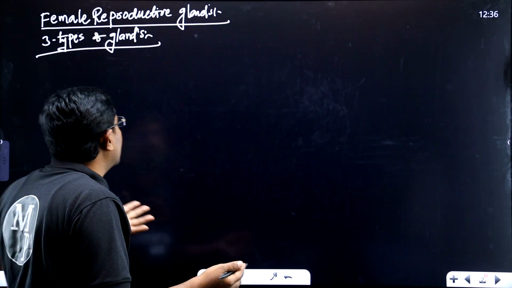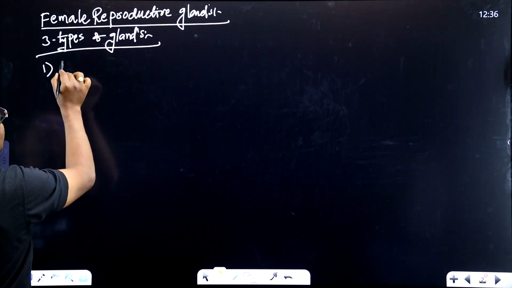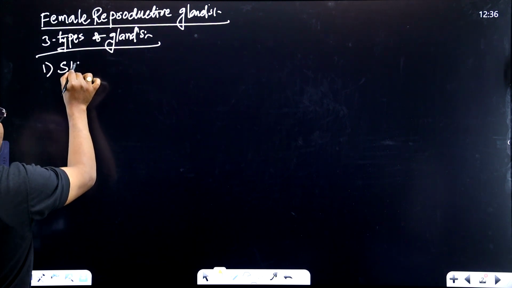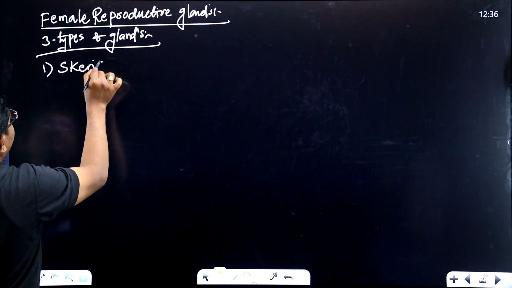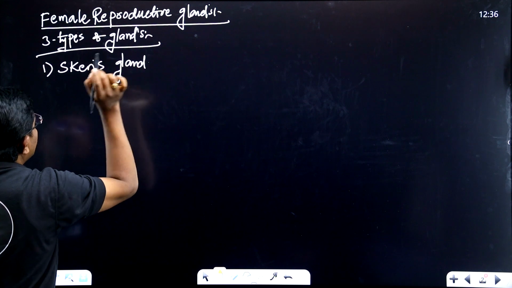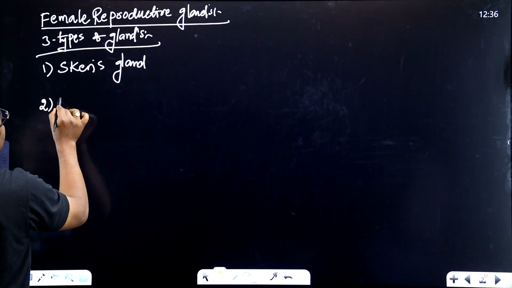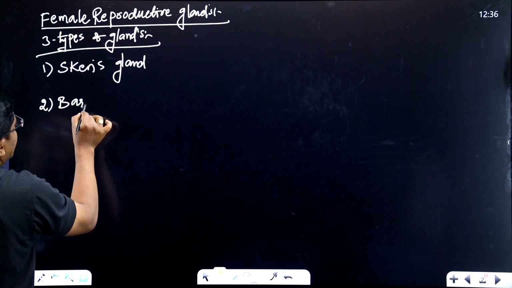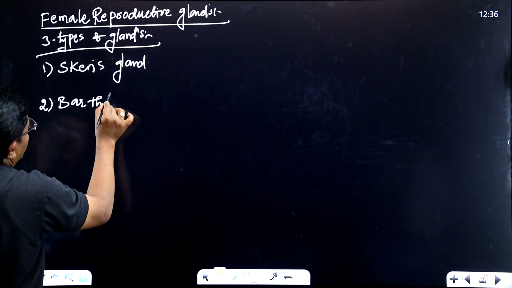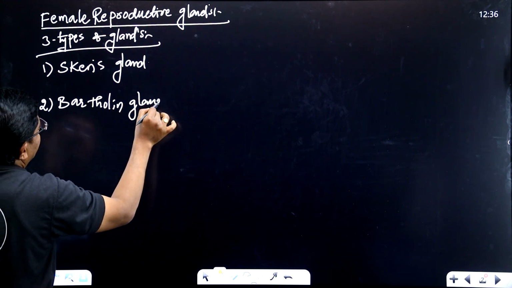So what are the 3 types? The first type is Skene's glands, and there is only one Skene's gland structure. Next are the Bartholin glands, which are paired.